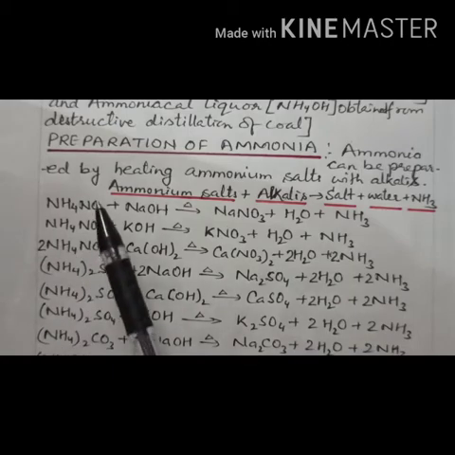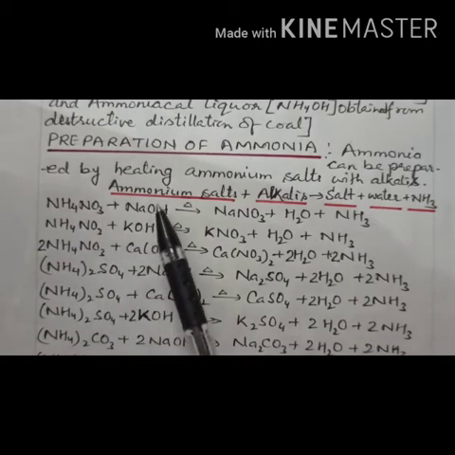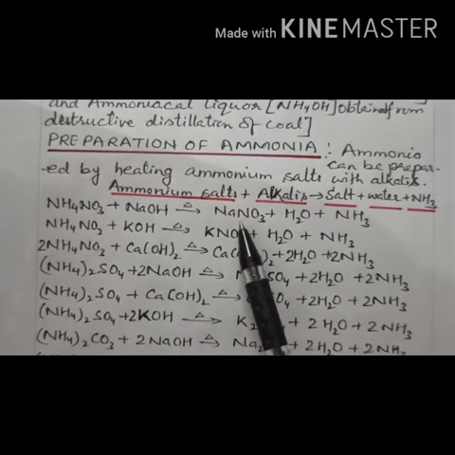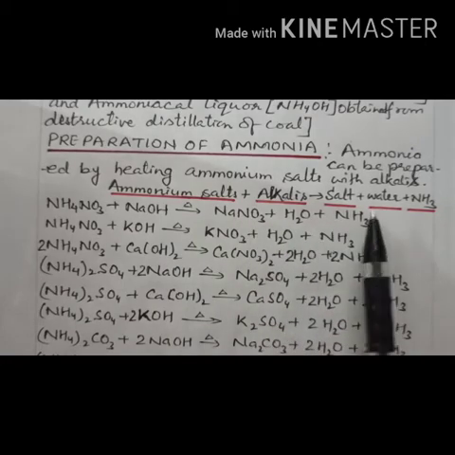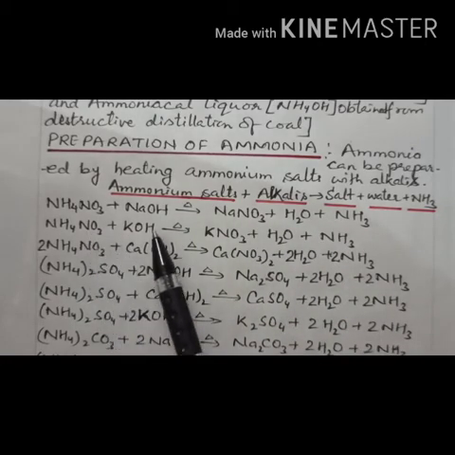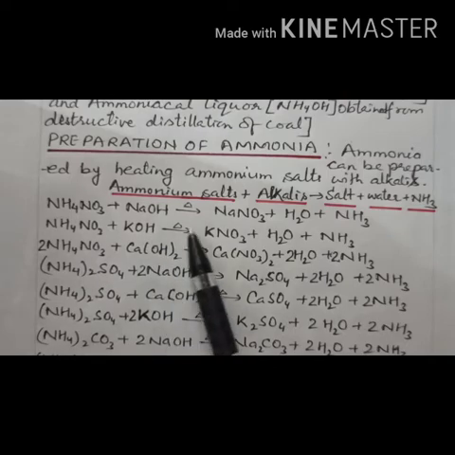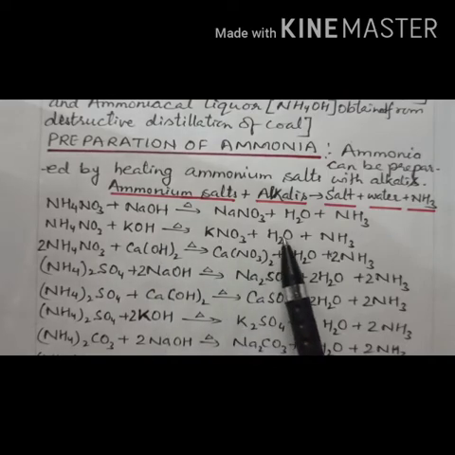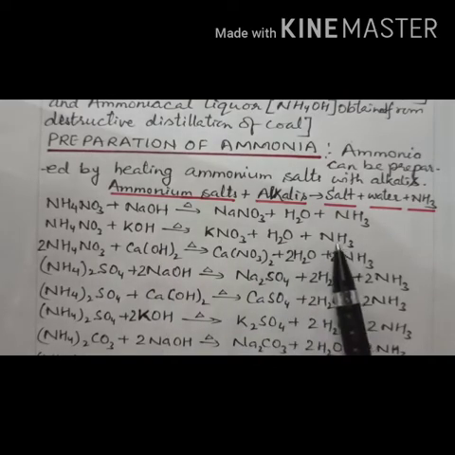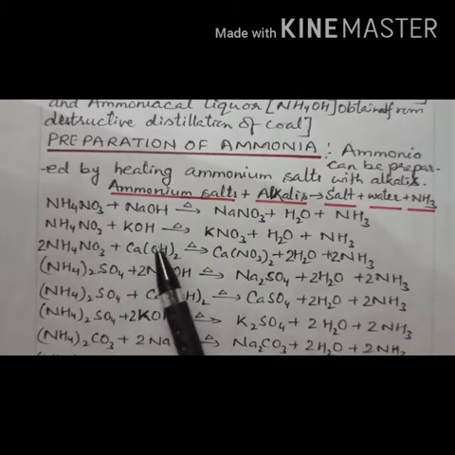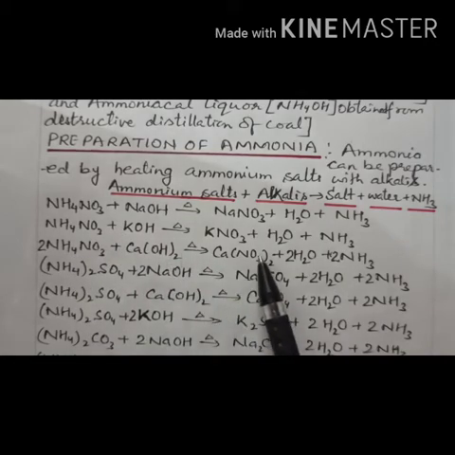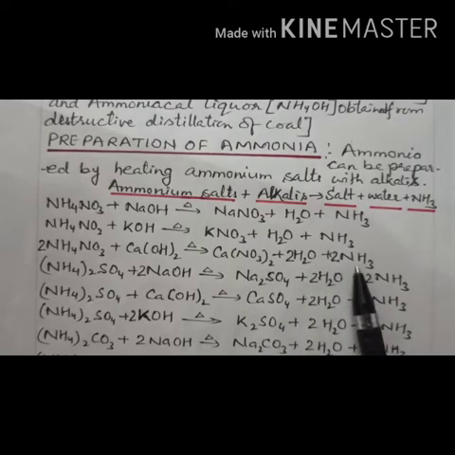Now just look here. Ammonium nitrate, when it reacts with sodium hydroxide, gives you sodium nitrate, water and ammonia gas. With potassium hydroxide, it gives potassium nitrate, water and ammonia gas. With calcium hydroxide, it gives calcium nitrate, water and ammonia gas.